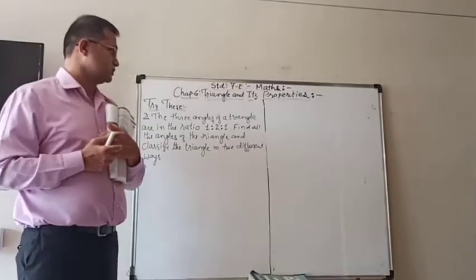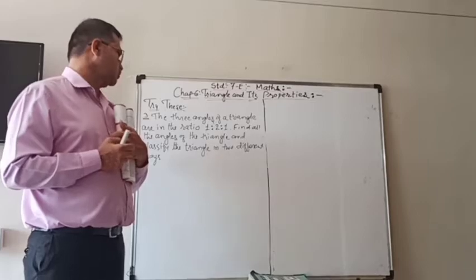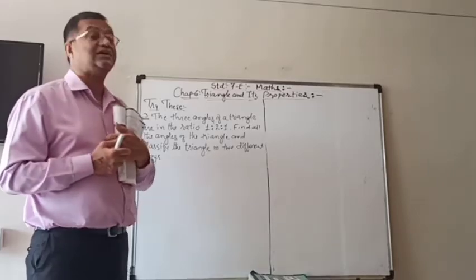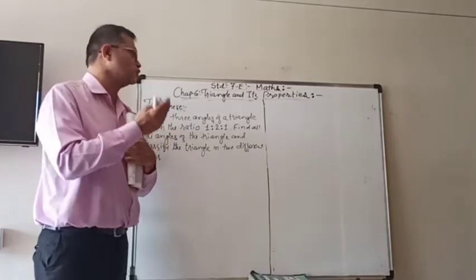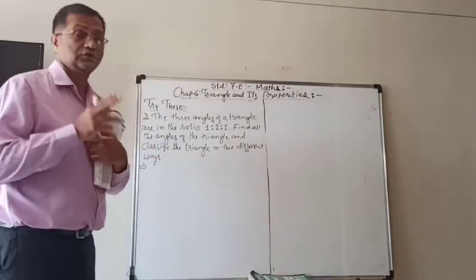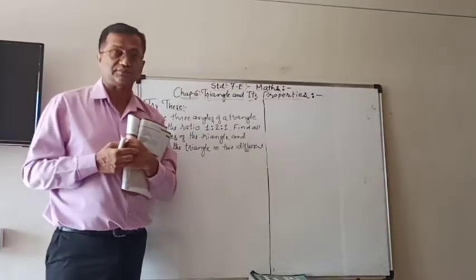Now the third question, in which the three angles of a triangle are in the ratio 1:2:1. So the measures are not given, but the ratios of the angles are given.